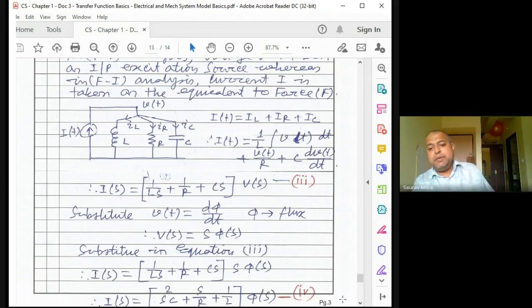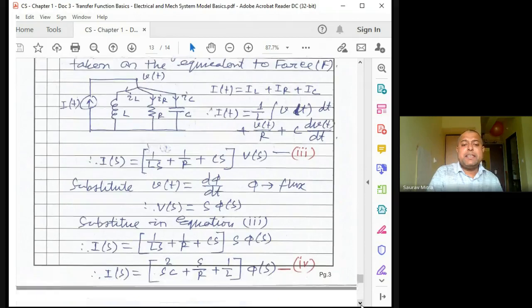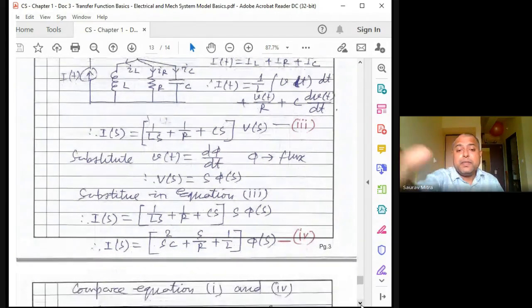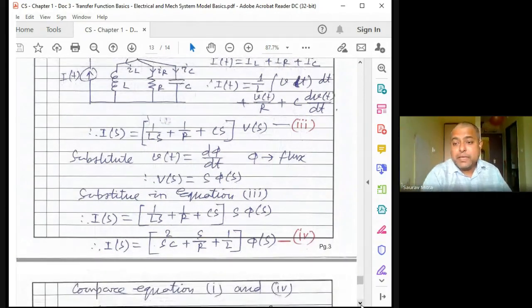Now here comes the new law. In the previous case you substituted current as dq by dt. Current was represented in terms of rate of change of charge. In this case, voltage is equal to rate of change of flux. And what is the rule?